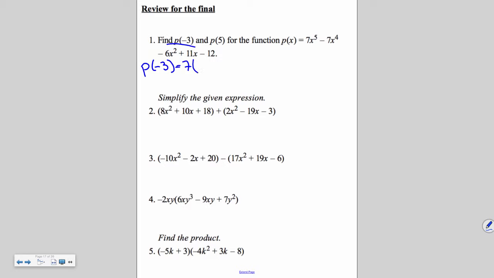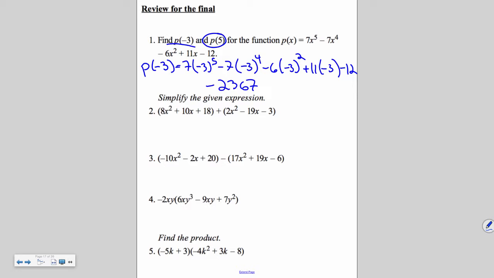So every time you see an x, you put in a -3. You calculate it out. It should come out to be -2,367. For the next one, you plug in just the 5.